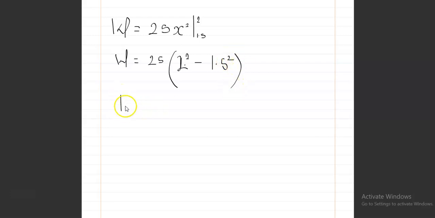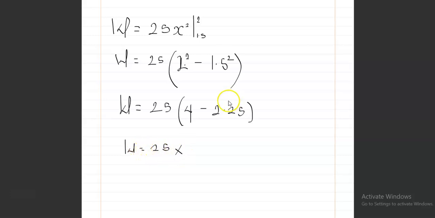So 2 squared is 4. 1.5 squared is 9 over 4, that's about 2.25. So W equals 25 times, this gives us about 1.75.